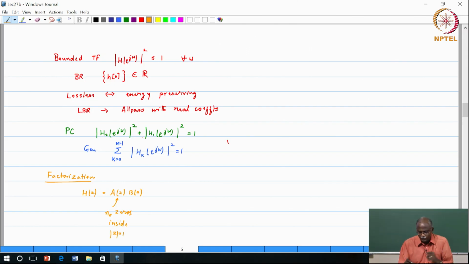We are taking the case where there are no zeros on the unit circle. This has n1 zeros outside mod z equal to 1, and we have said that this can be written as H_min(z) times H_allpass(z). Okay. Minimum is minimum phase, all pass is a causal stable all pass.